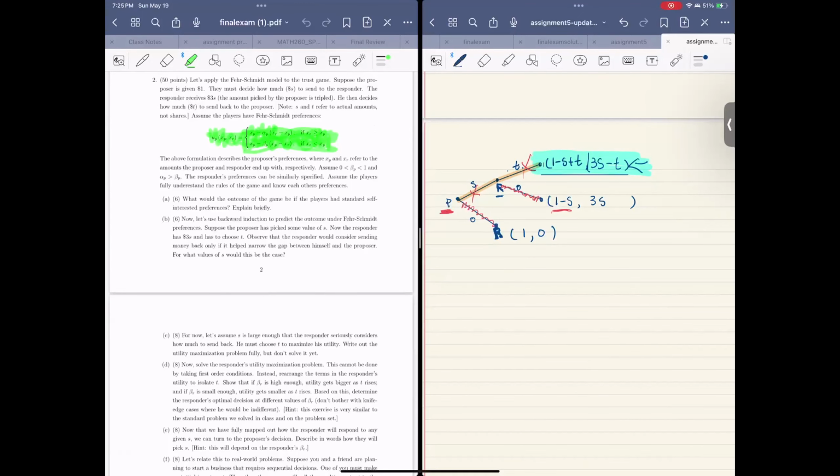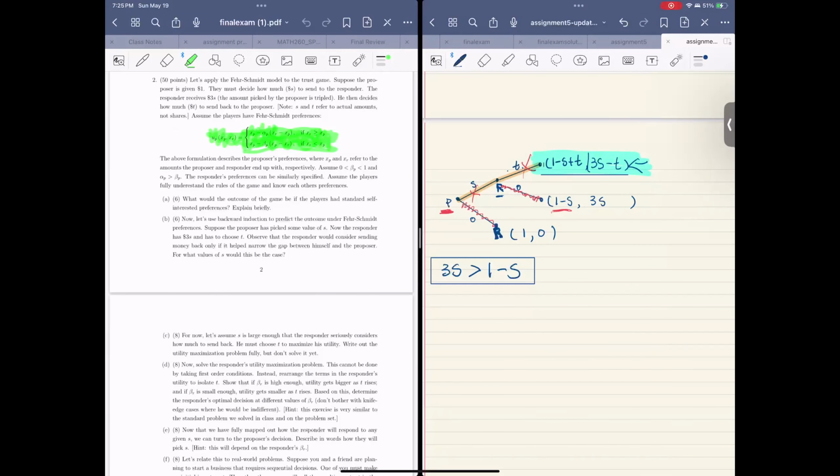They'll send it if 3S is bigger than 1 minus S. The amount of money that you send me gets tripled as it transmits through this magical device. So the money I have right now, when it's tripled, must be compared to the amount of money that you have right now.